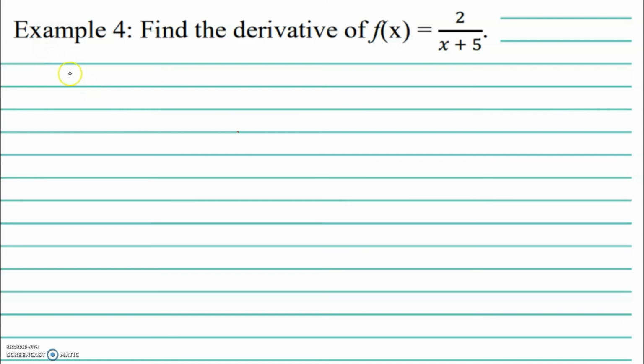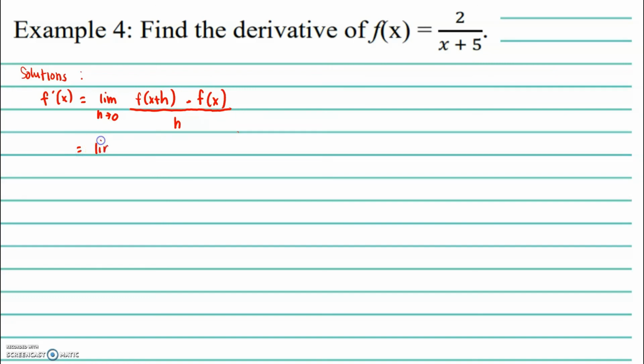Alright, now let's have example 4. Find the derivative of f of x equals 2 over x plus 5. Now here we are given a rational function. So let's find its derivative. So you have the solution. f prime of x is equal to the limit of f of x plus h minus f of x all over h as h approaches 0.